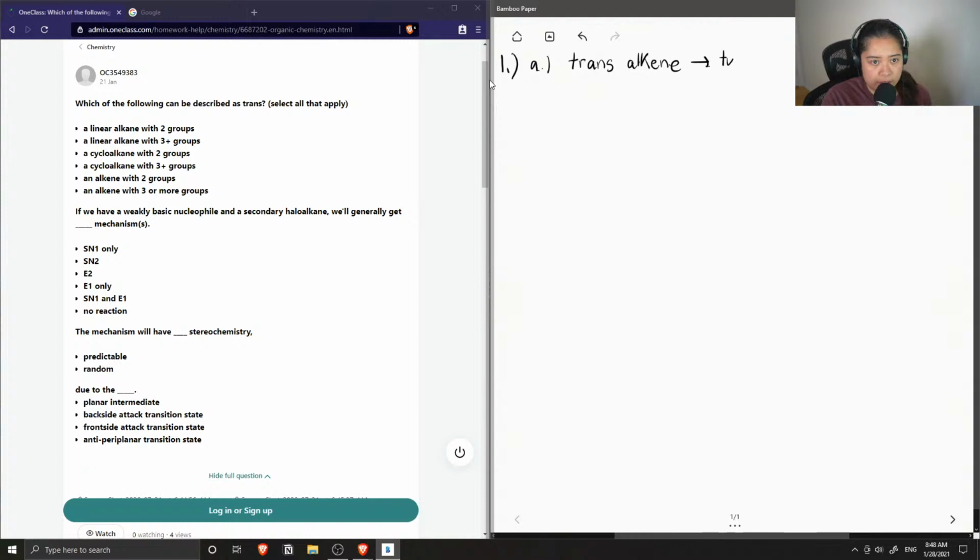This is when 2 groups lie on opposite sides of the double bond.